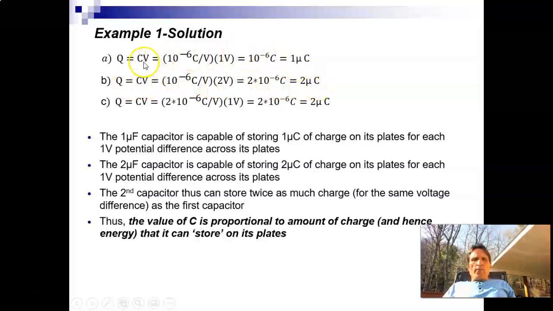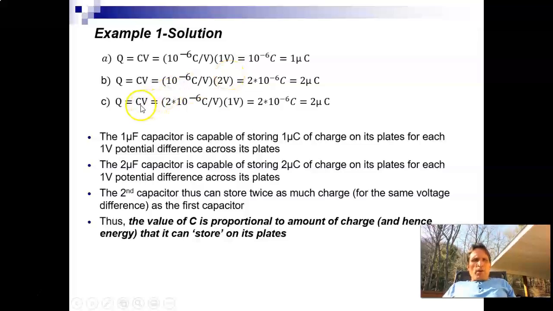So for every 1 volt on this capacitor that we charge it to, we get 1 microcoulomb of charge on the plates. So you can probably guess that if we charge it to 3 volts, you would have 3 microcoulombs. So the charge is proportional to the voltage that we charge this up to. Okay?